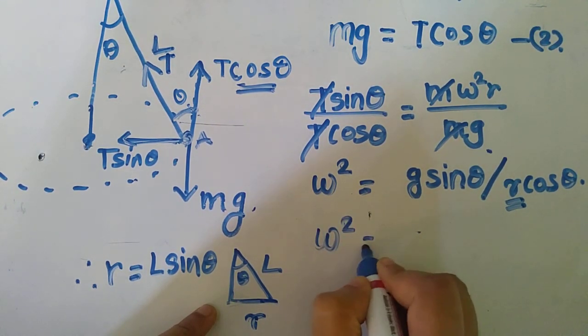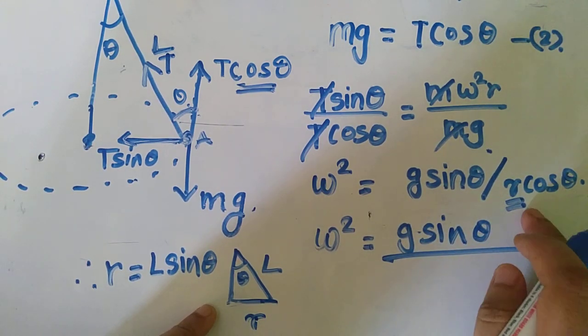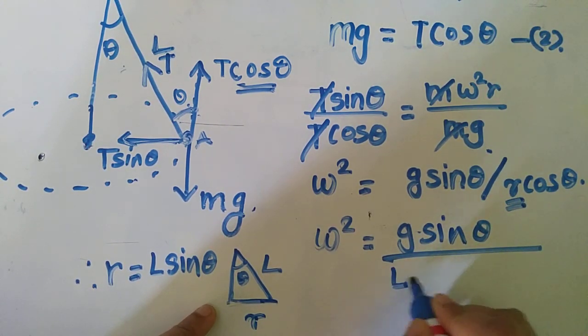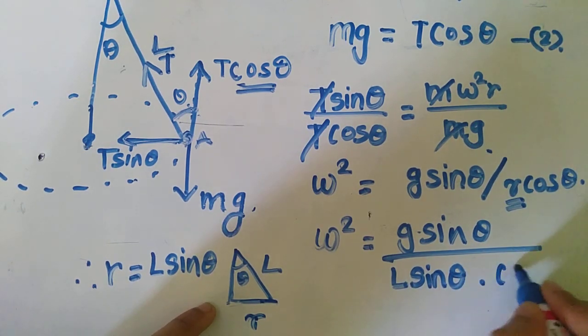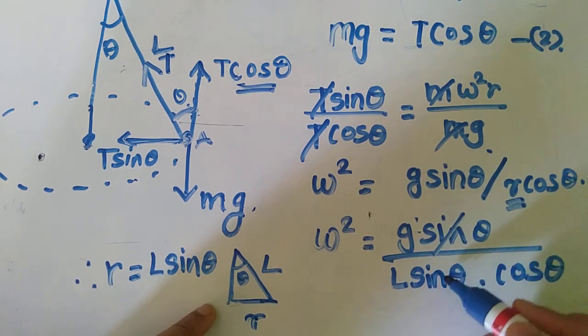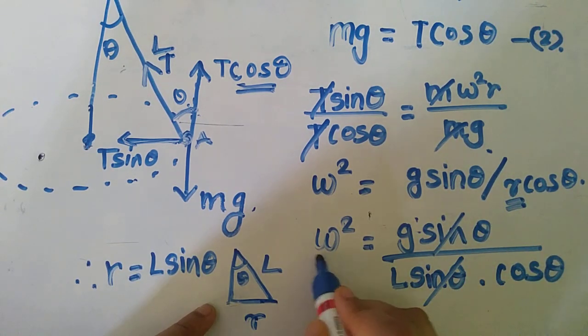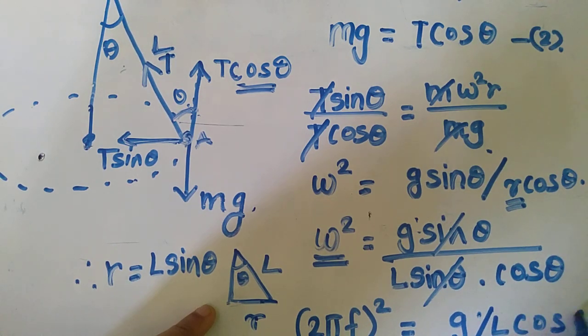So omega square is equal to g sin theta divided by L sin theta into cos theta. Sin theta and sin theta get cancelled. Omega square means (2 pi f) square, which is equal to g divided by L cos theta.